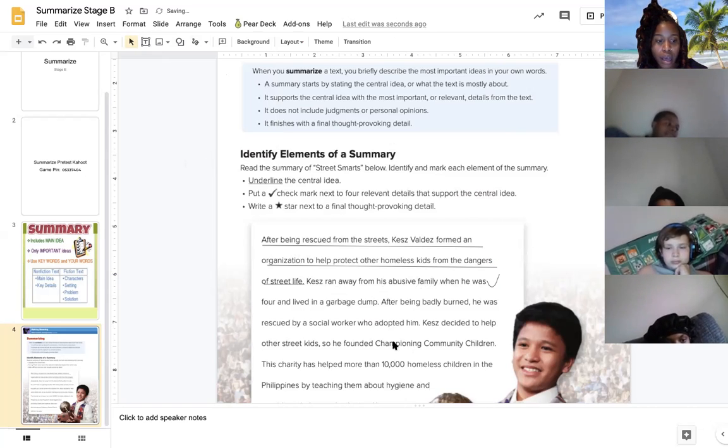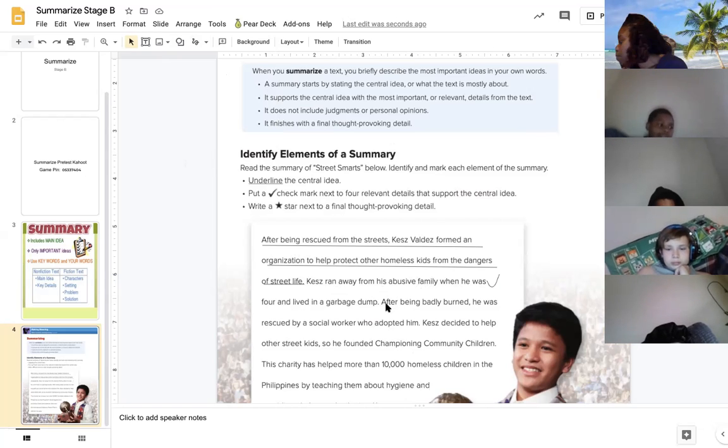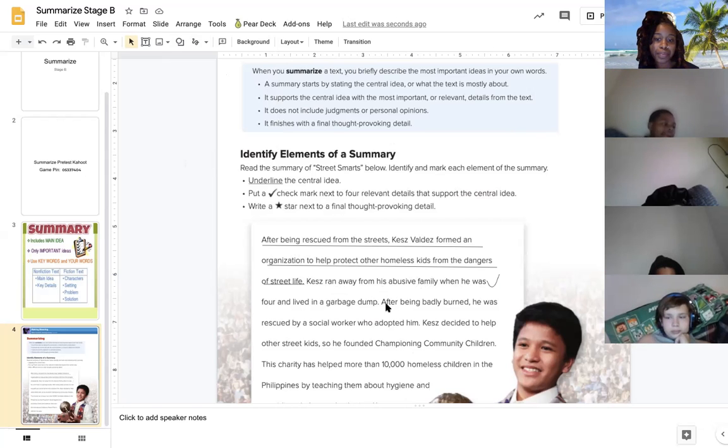Okay. Aaliyah, read the next sentence starting with after being badly burned. After being badly burned, he was rescued by a social worker who adopted him. Okay, thumbs up or thumbs down? Thumbs up, this is a relevant detail. Thumbs down, it's not important. What do you think, Aaliyah?